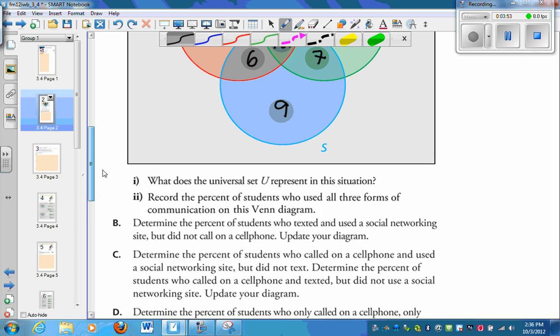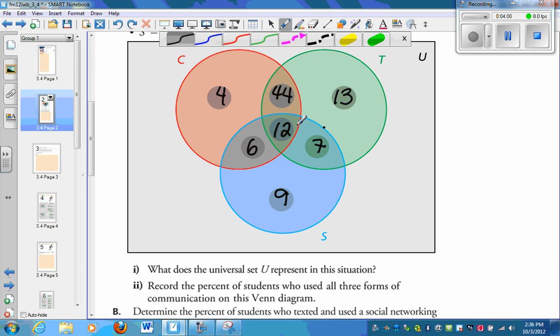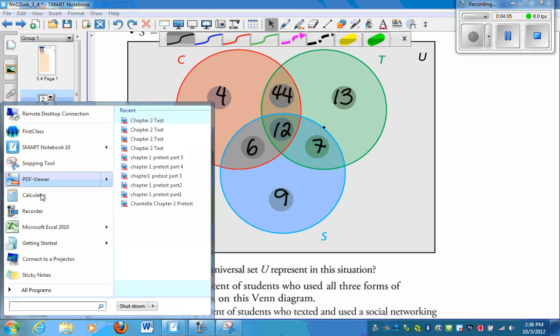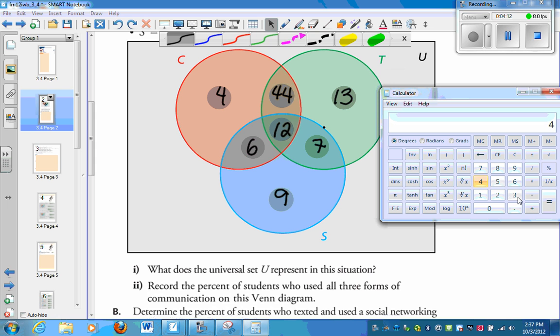So we've filled out our entire diagram. Now we want to know the percentage of students who've used at least one. So what we're going to do is add up all of these numbers, because this would be everyone who's used at least one. I'm going to grab a calculator because that's a lot of adding. 4 and 44 and 6 and 12 and 13 and 7 and 9.